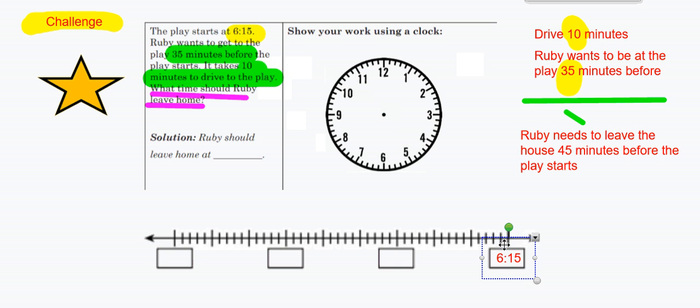To get to the play 35 minutes before 6:15. Okay? Think about it. Let me know. All right. Again, this is a challenge. Okay? What time she needs to leave the house to be able to get to the play at least 35 minutes before this.